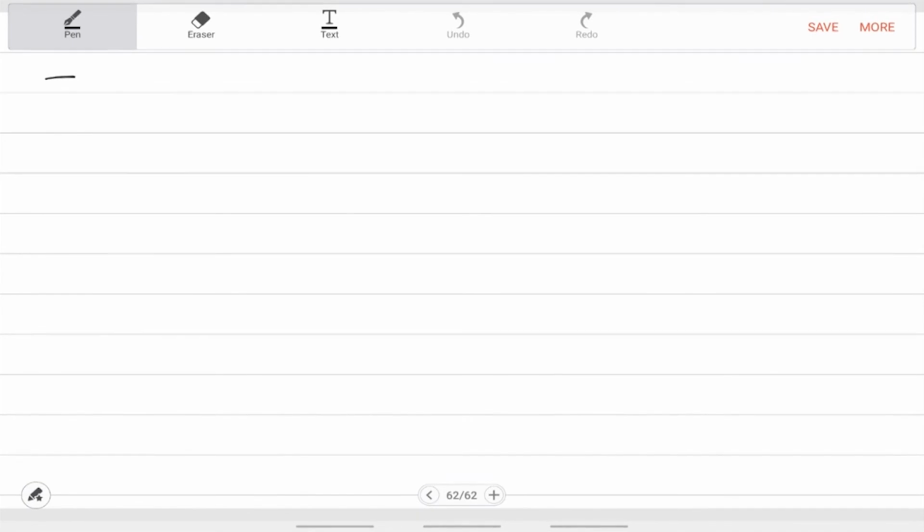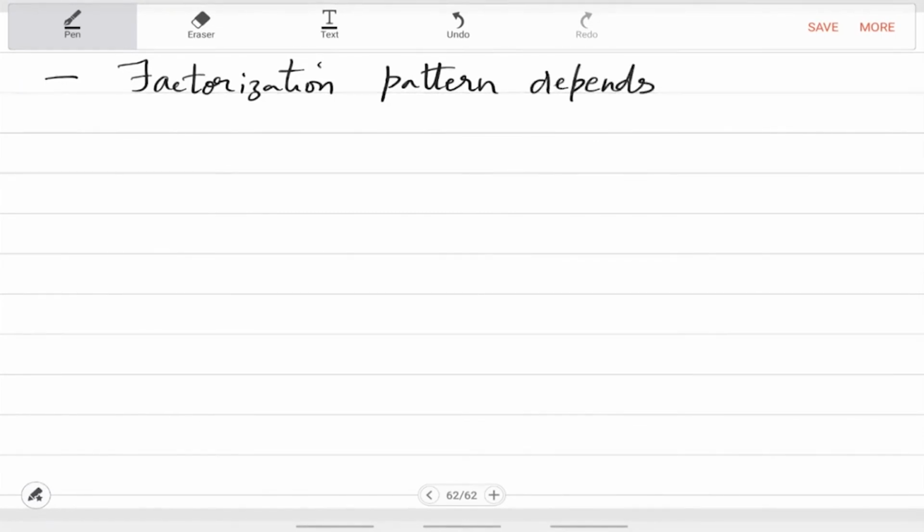So the factorization pattern of course depends on the field, and so do the factorization algorithms. They heavily depend on the field.